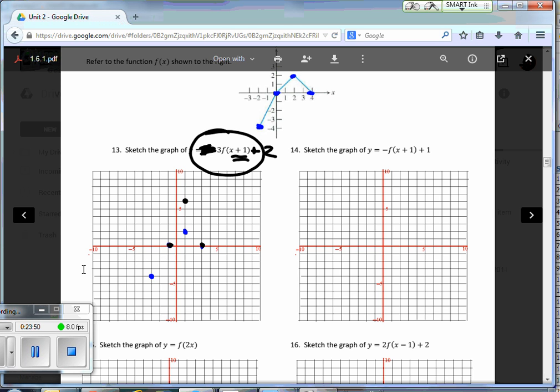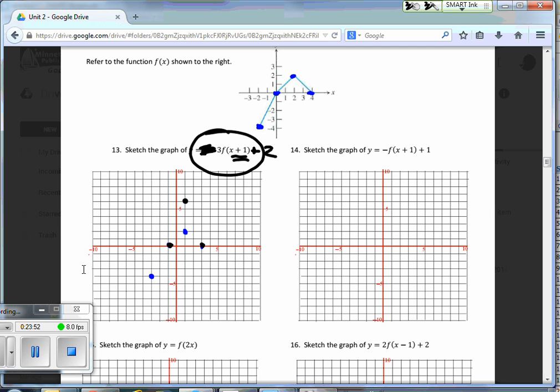Okay, so now I'm going to triple that and go from down 4 to down 12. So that's going to be about here. So here's my new shape. It's taller and stretched up down compared to what it was before. And then the last thing I do is move the whole thing up 2.